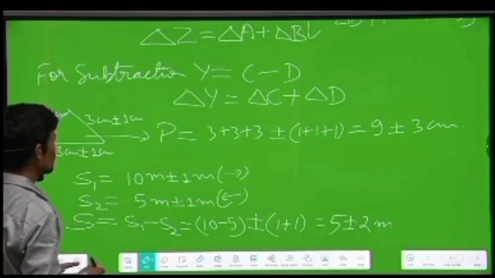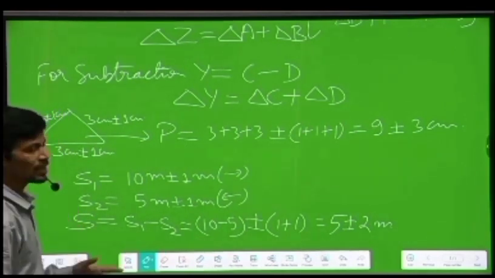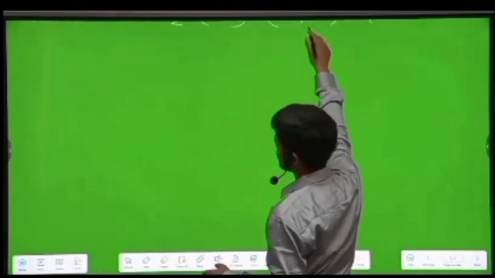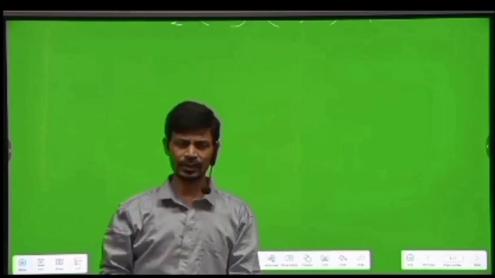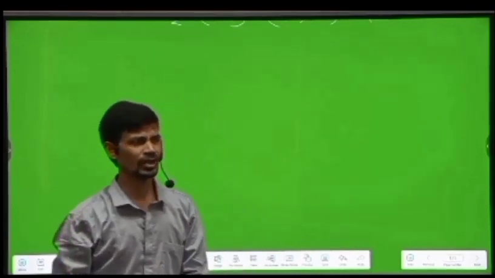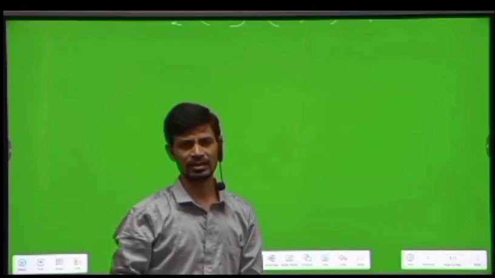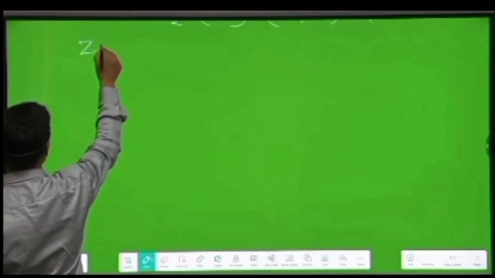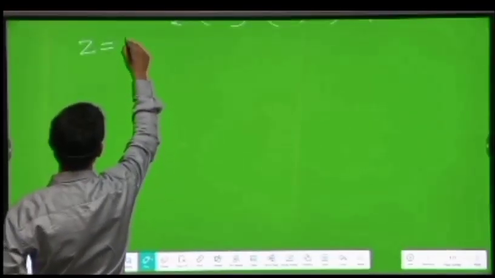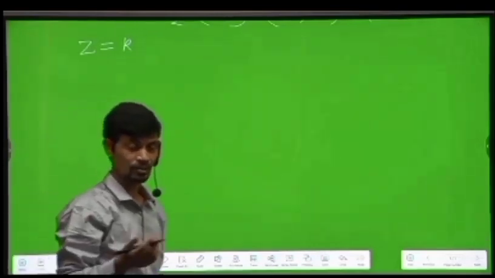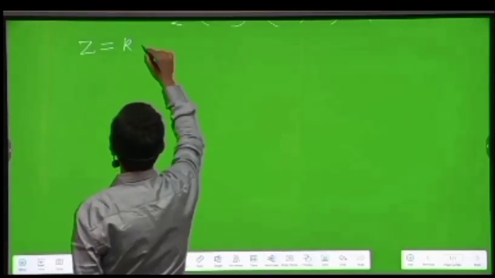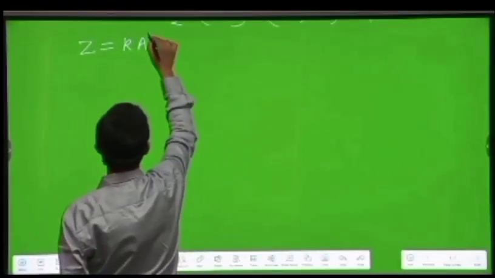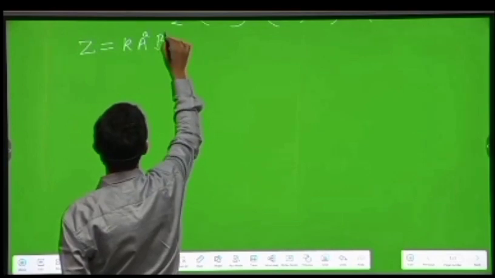But now next thing is multiplication and division. I am covering them as a single topic, not separately, because we know that division can be expressed in terms of multiplication and vice versa. So let us suppose we have some formula, some relation Z equal to k, where k is some dimensionless constant, some number, times A to the power a and B to the power b.